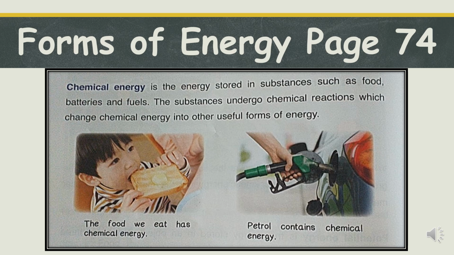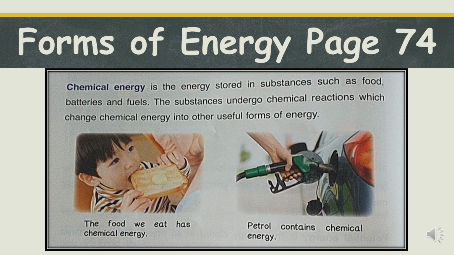So, for example, we eat a piece of bread, our body reacts to it, and a chemical reaction in our body turns the bread into energy. So, the food that we eat has chemical energy. Also, petrol. We put petrol in our car, and then our car burns the petrol and turns it into energy. That energy we can use to drive the car. So food and also petrol contain chemical energy.